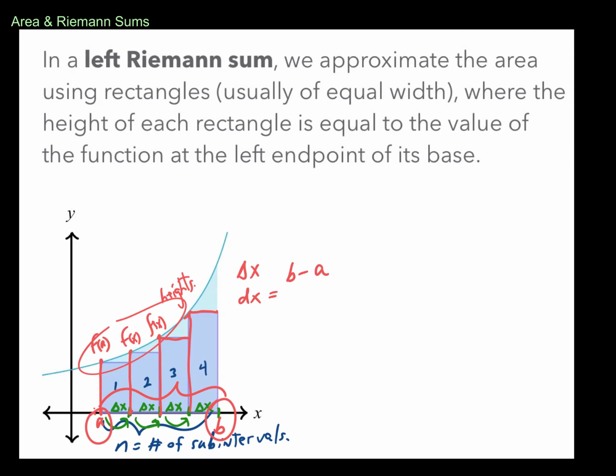That's going to give me the interval between there. If I want to break it up into 3 rectangles, I would divide it by 3. If I wanted 4 rectangles, I would divide by 4. And since n down here represents the number of our subintervals, this is how you find your delta x. I put that in parentheses so it makes a little more sense in your notes.